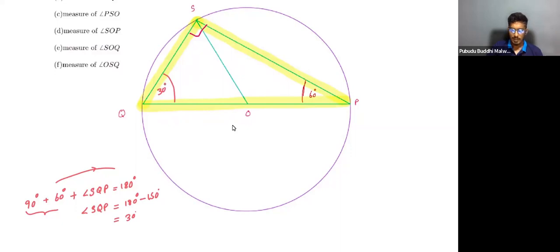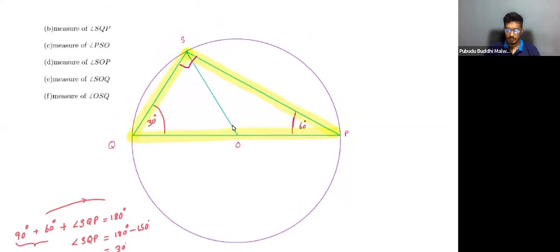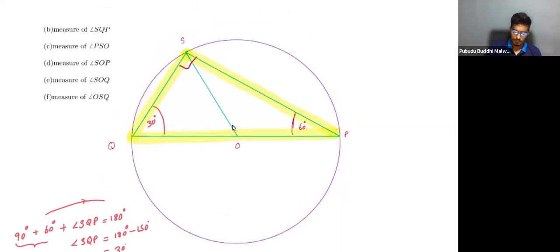Then to compute PSO, what do you think? Now focus on the small triangles; there are two small triangles. What do you think about triangle PSO, the green colored one?